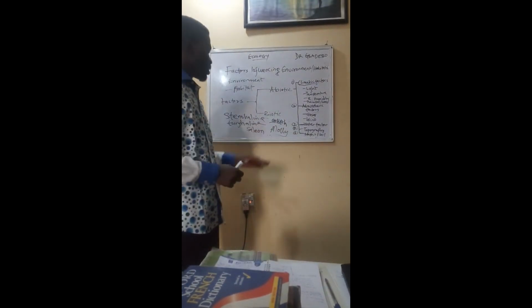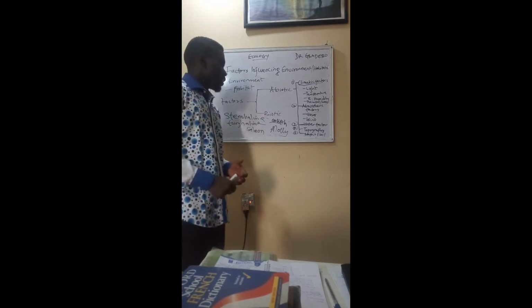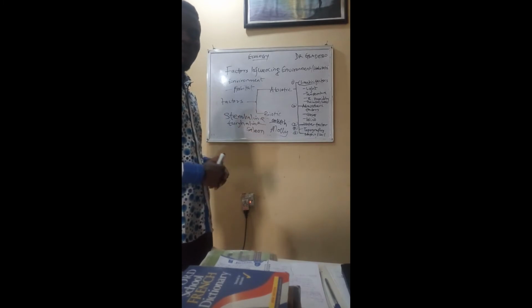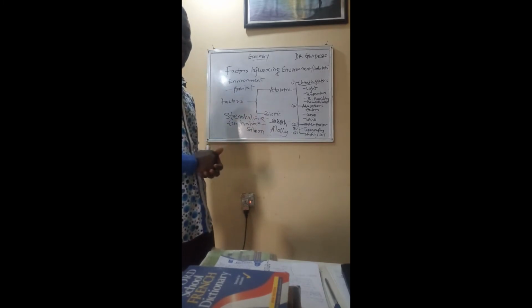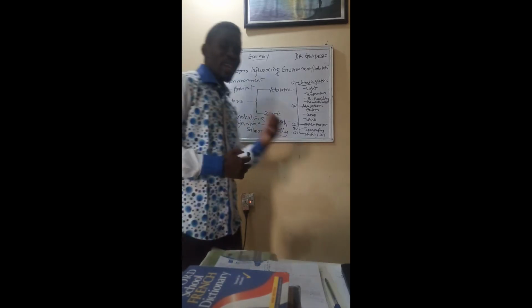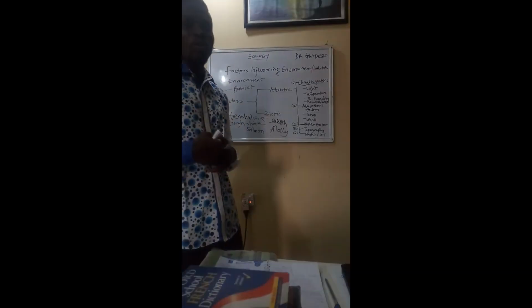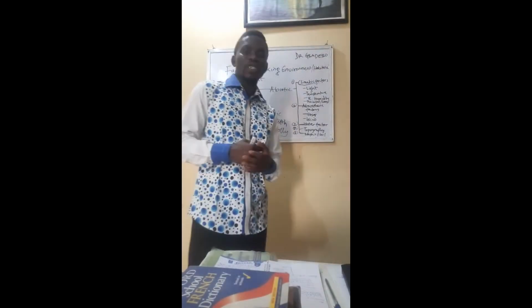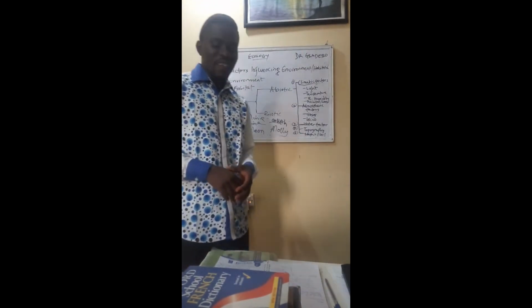So salmon are called euryhaline organisms, and these categories are osmoregulators, and they can regulate their internal salt content to suit that of their environment.